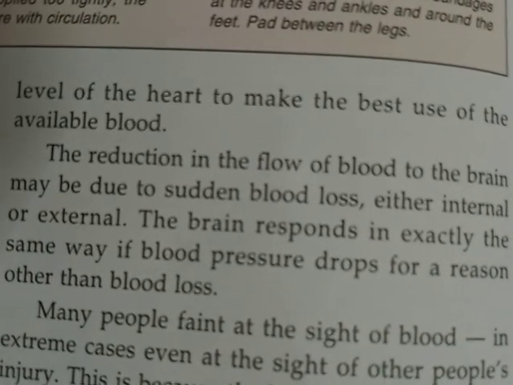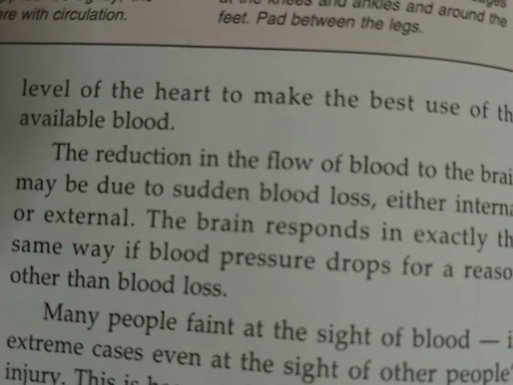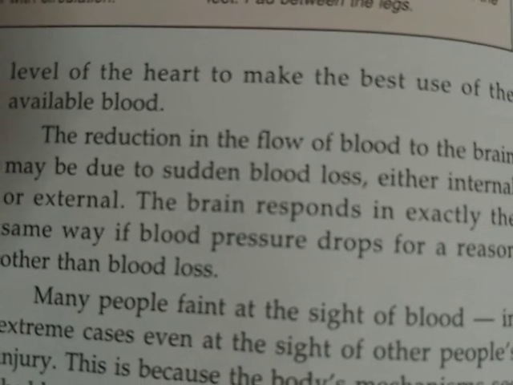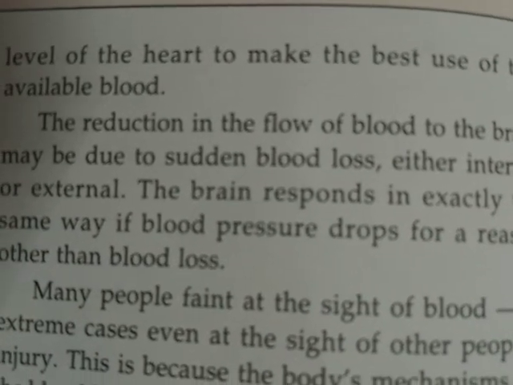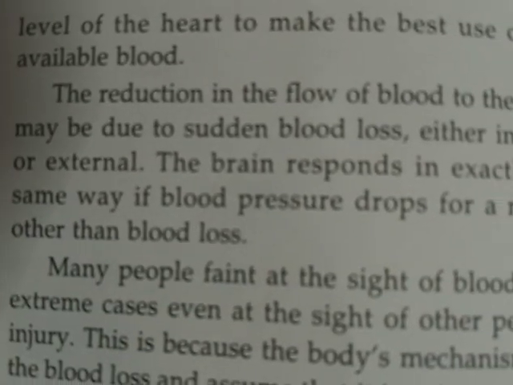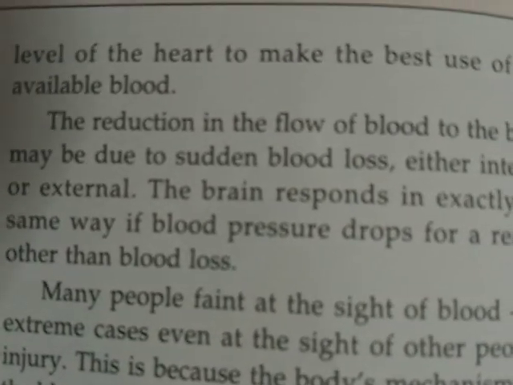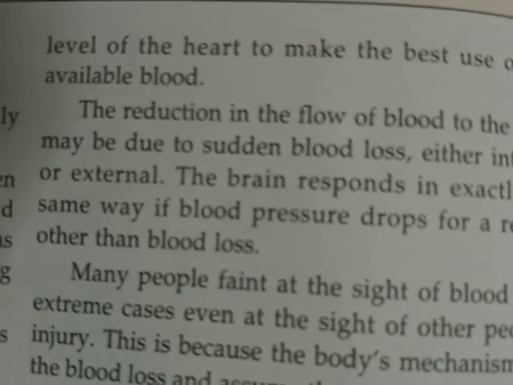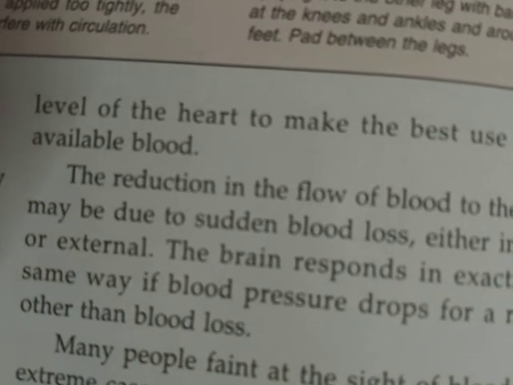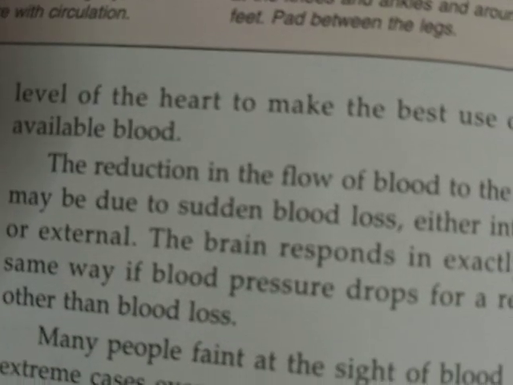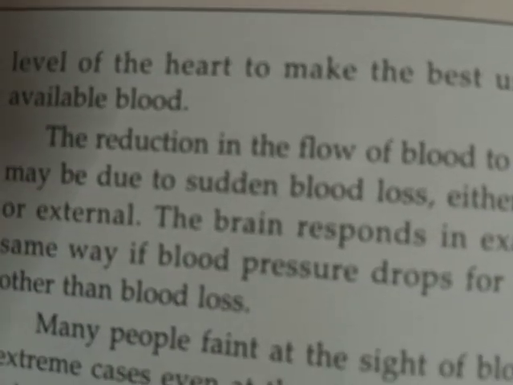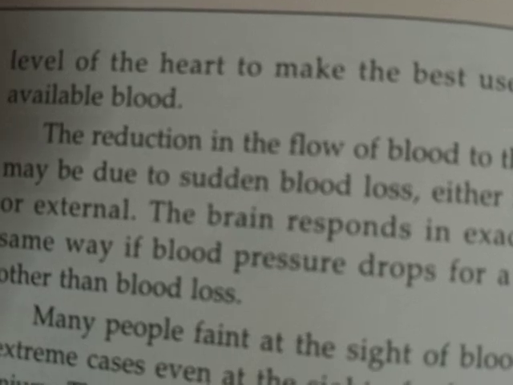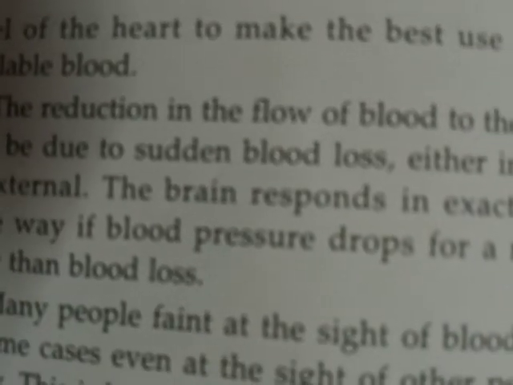It happens so that the body can make the best use of the available blood. There is less supply of blood, less supply of oxygen. That is why the person faints and the head droops towards the level of the heart.